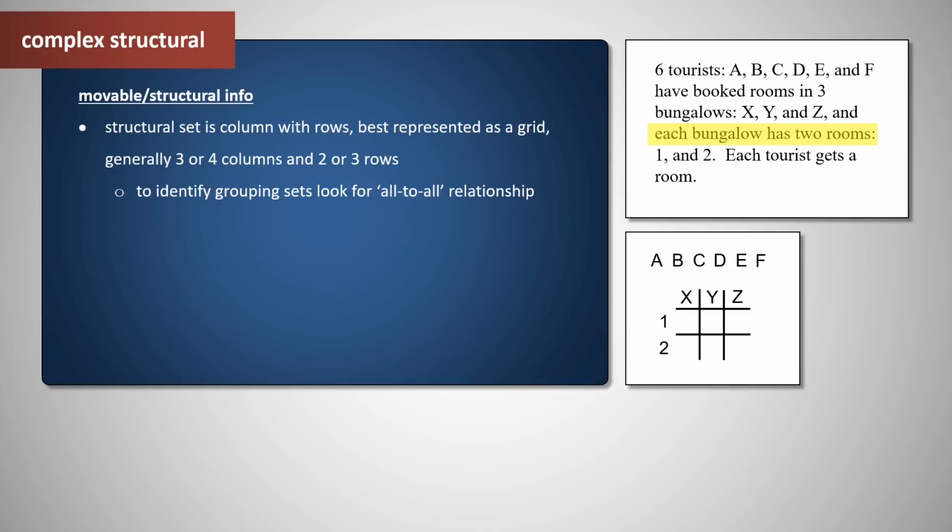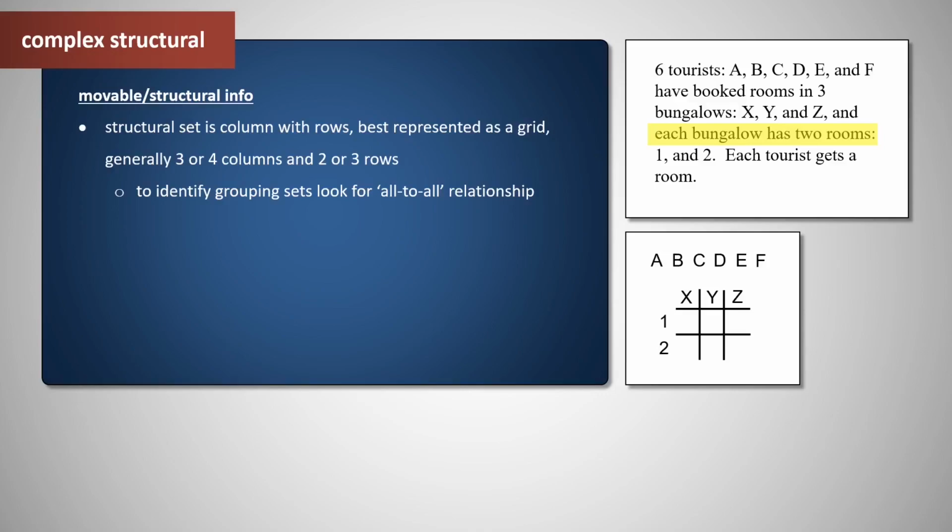What that means is that whenever I'm trying to figure out which bungalow gets which rooms, I know for a fact that X is going to have something to do with both rooms, Y is going to have something to do with both rooms, Z is going to have something to do with both rooms, and vice versa. Room number 1 is going to be in X, in Y, and in Z, and the same thing with room number 2.